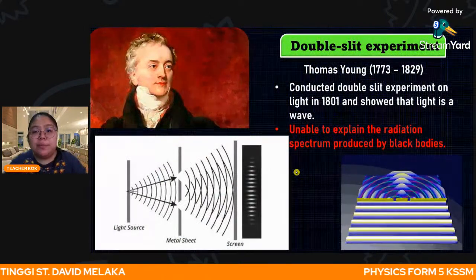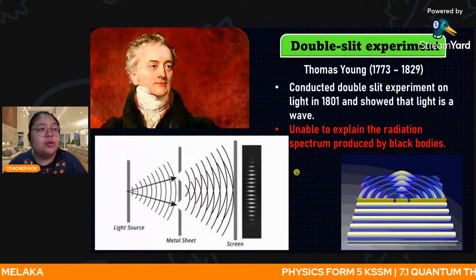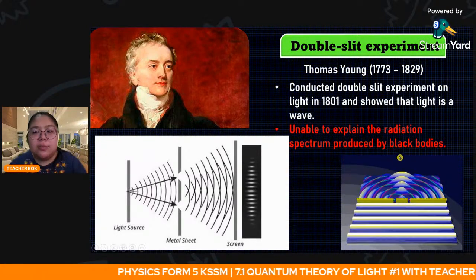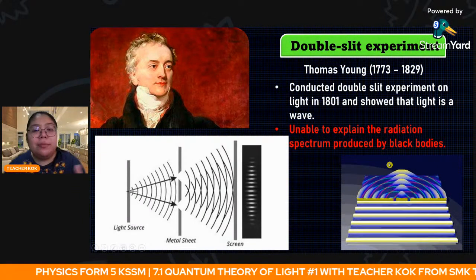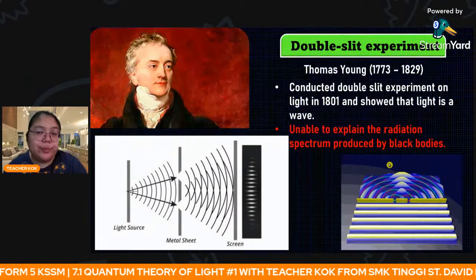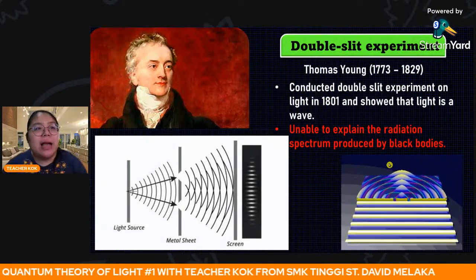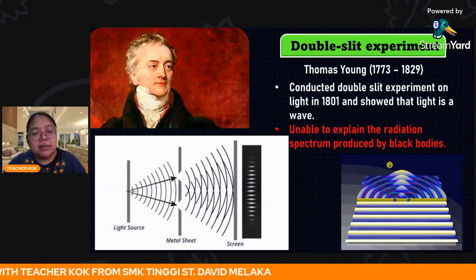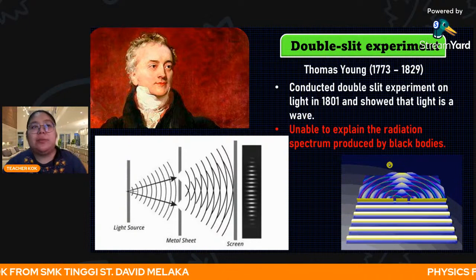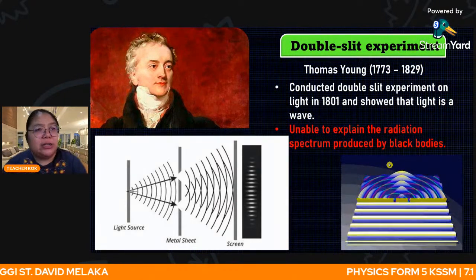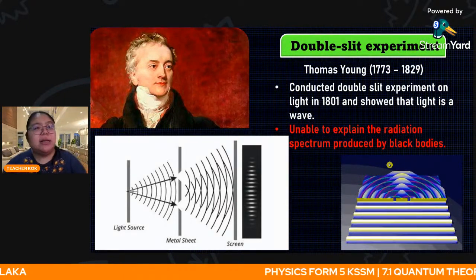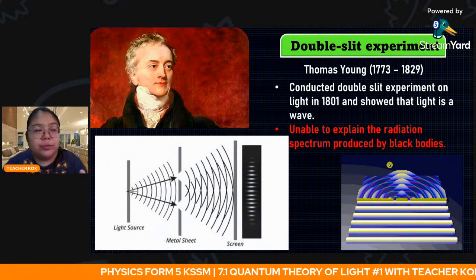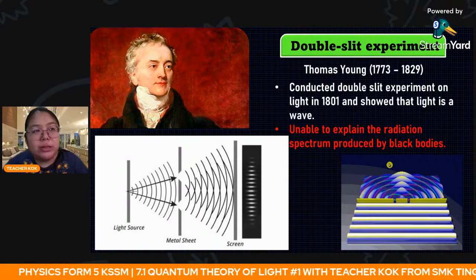They say light also is a wave, but they cannot explain the spectrum from the black body. I can say this one is a particle, but I cannot explain the refraction. I can say this one is a wave, but I cannot explain the radiation spectrum produced by the black body.